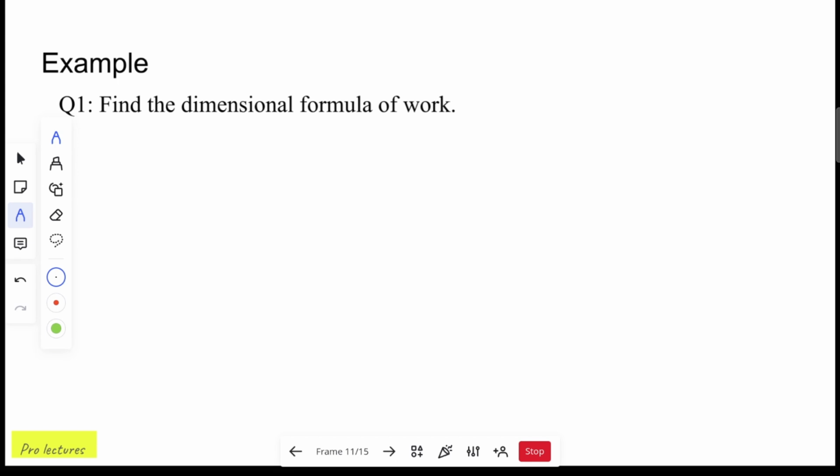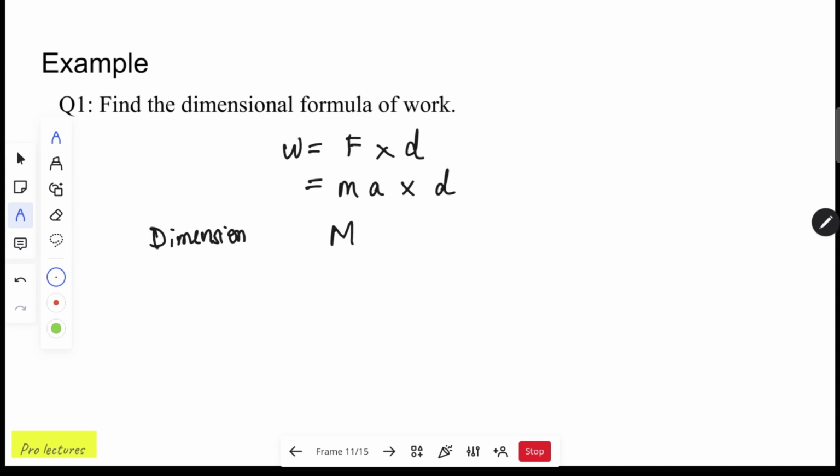Now the dimensional formula of work. We saw that work is force into displacement. We know from Newton's law force is equal to mass into acceleration, into the displacement. Let us see the dimension. The dimension of mass is capital M. Acceleration's unit is meter per second square.